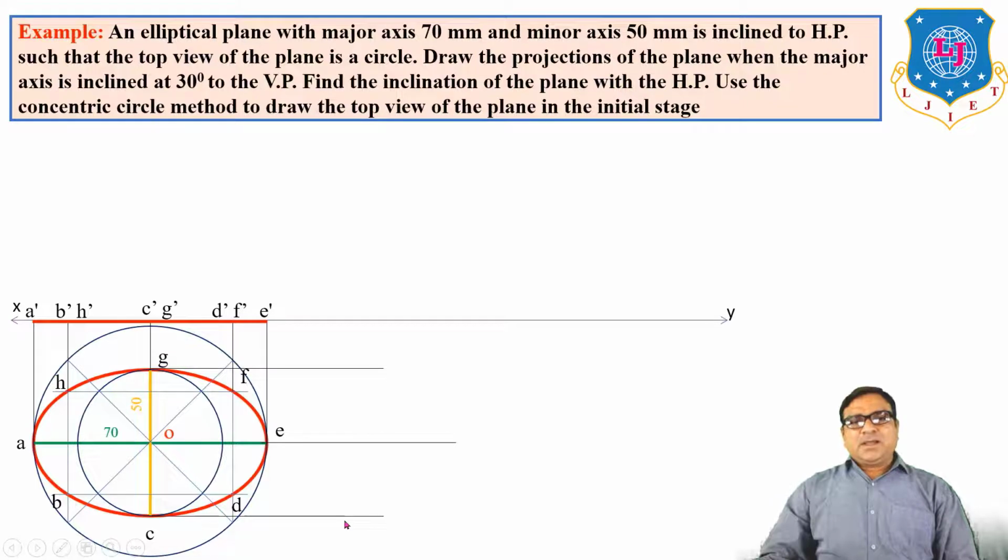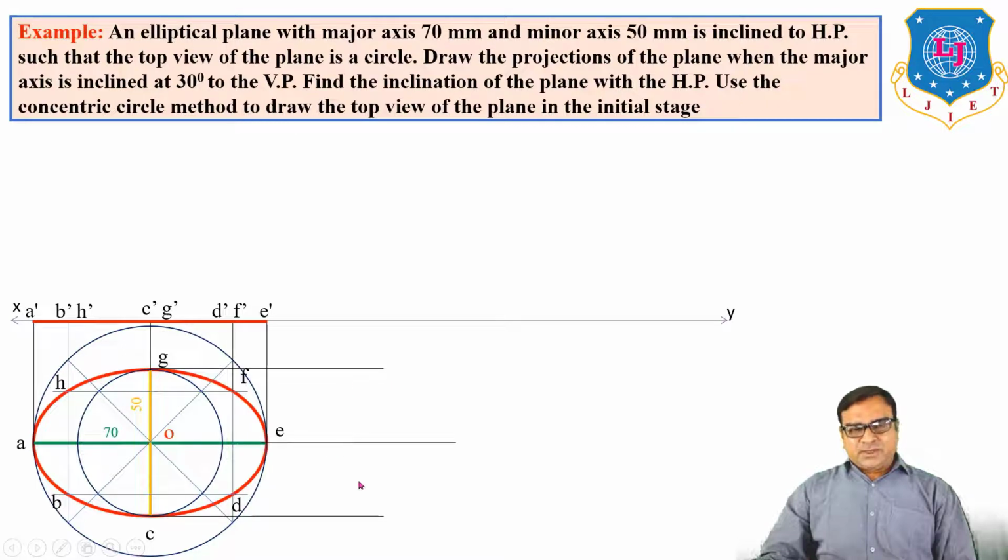Now the surface is inclined to HP such that the top view becomes a circle. When we incline the surface like this, the major axis will be inclined and the minor axis remains parallel to HP. When the top view of the major axis becomes 50 mm, the top view will be a circle.